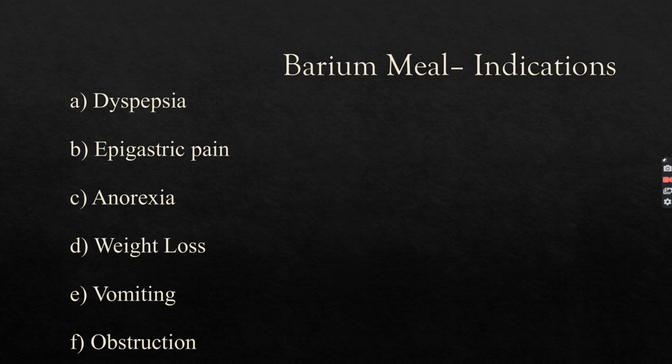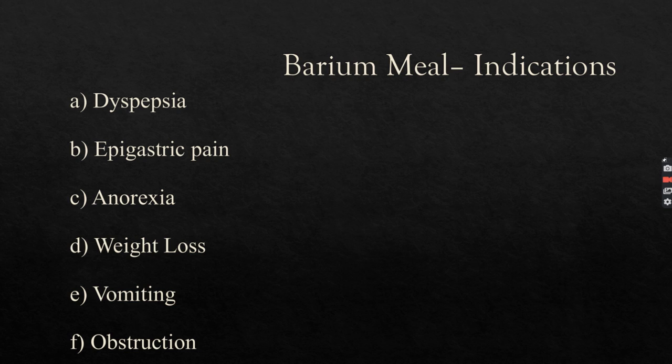Okay. So what are the indications when we are supposed to order this barium meal investigation in any patient? Obviously, if a patient is suffering from or showing any of these symptoms like unexplained weight loss associated with epigastric pain, anorexia, loss of appetite, and dyspepsia, vomiting or a feeling of vomiting, nausea off and on, and features of gastric outlet obstruction.